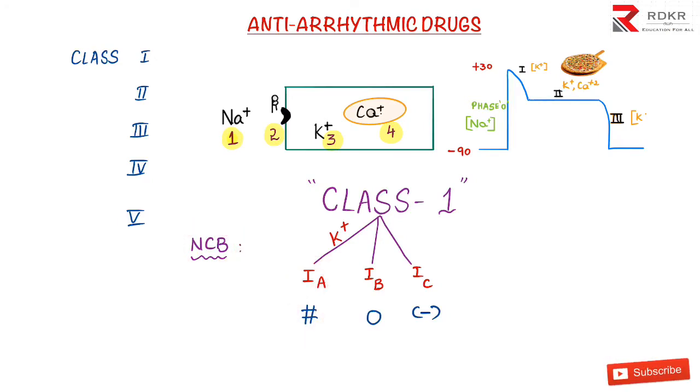So 1A, A for all, it blocks all, it blocks sodium and potassium. And 1B blocks only sodium and it opens the potassium channels. And 1C means C for care not. It does not care about the potassium channel and has no effect on it. This is what you have to remember.